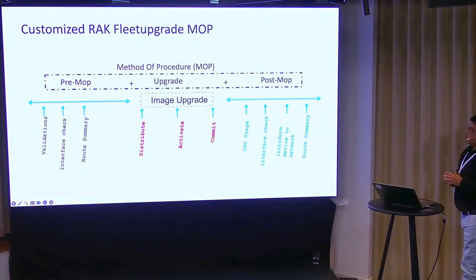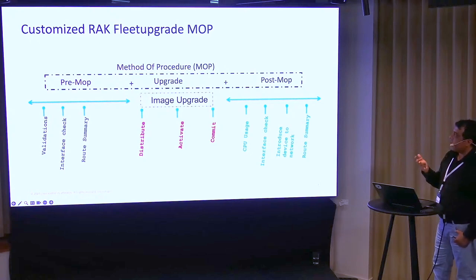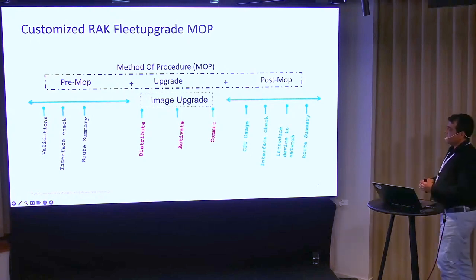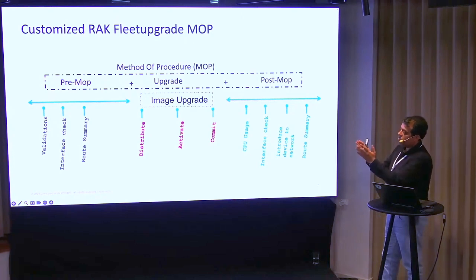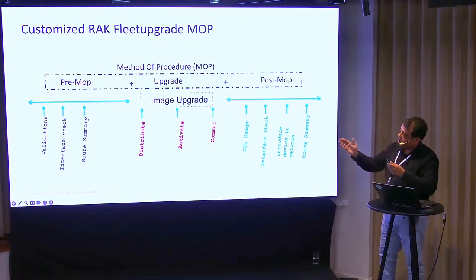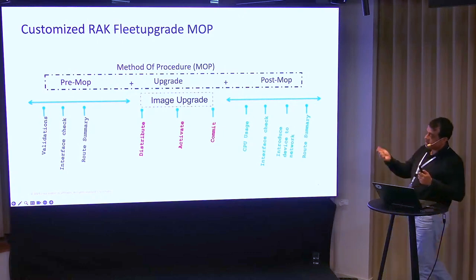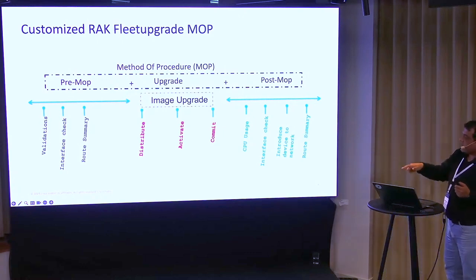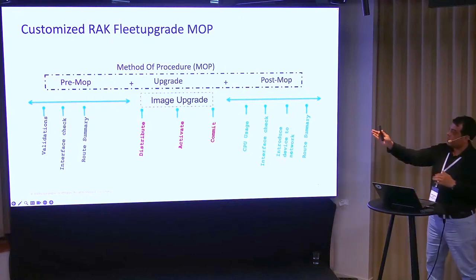Okay, so this slide is talking about how you can customize the Fleet Upgrade. As you can see in this slide deck, we have pre-built pre-MOP workflows. We have developed a few pre-existing MOPs, wherein we are doing interface check, route summary check, CFS check. We have a few inbuilt validations, and this is part of the pre-MOP where the pre-upgrade check is performed.